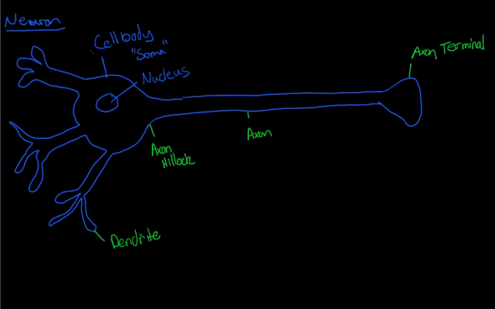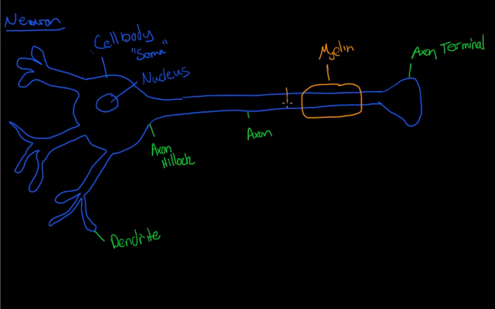So there's some other parts here that aren't always present. So I'll draw in myelin, and this is an insulation around the axon. What that's going to allow is faster signal transduction. Myelin, hope I spelled that right.